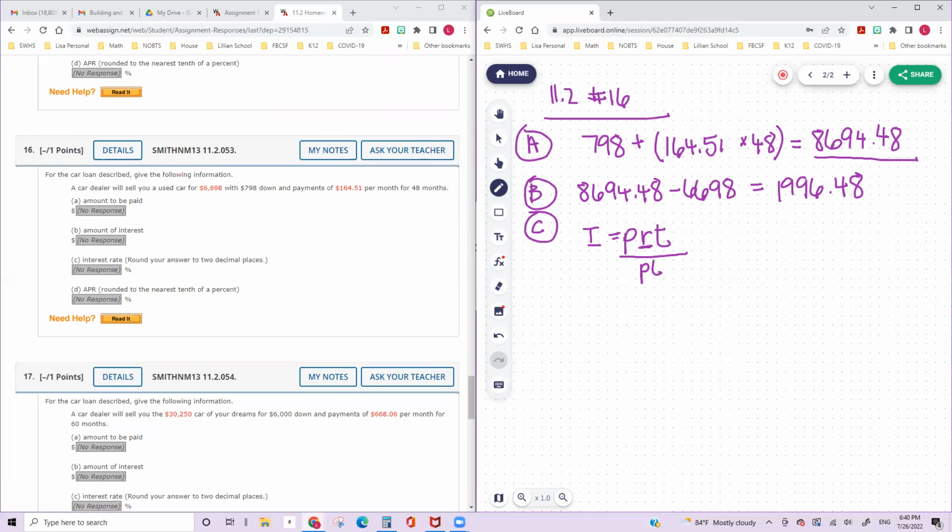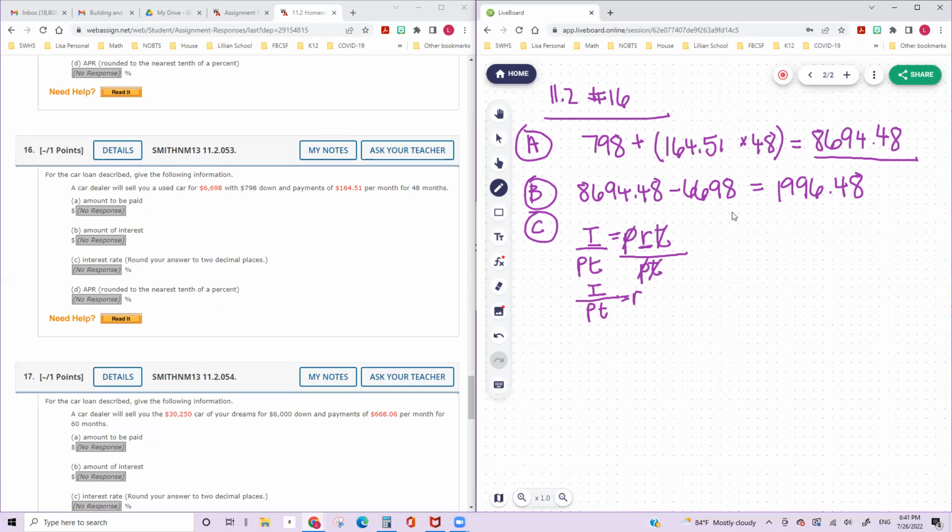So I'm going to divide both sides by the principal and time. So when I do that, those cancel out with these, and it gives me just the rate. So the rate is equal to the interest divided by the principal times the time.